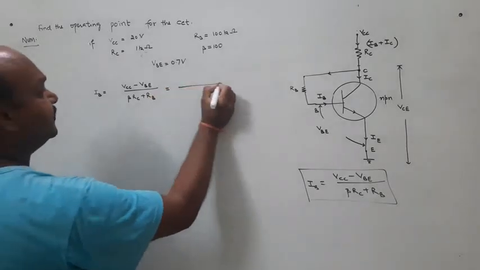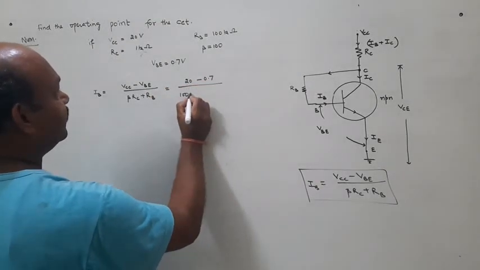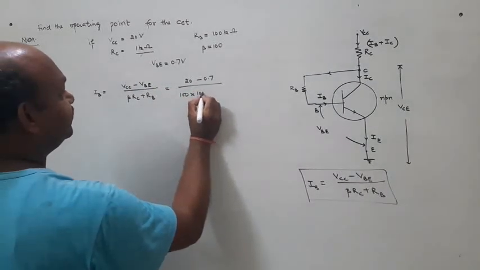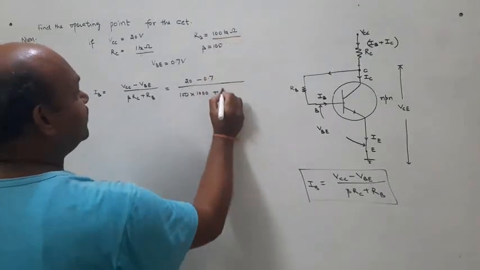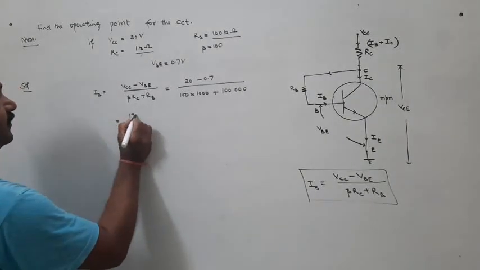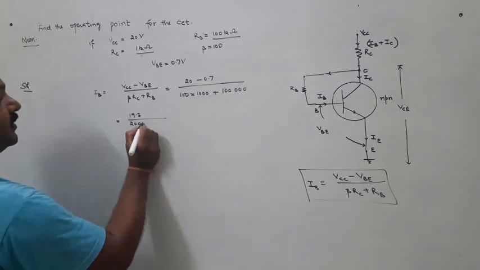Substitute the values. RC is 1 kilo ohm, 1000. RB is 100 kilo ohm. So it is 2 lakh.